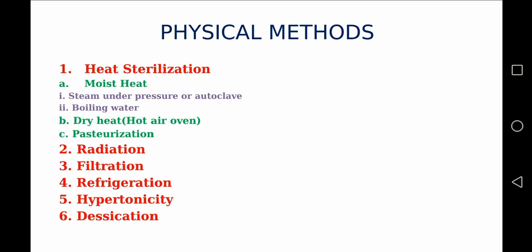Once the milk has been heated, it is then cooled very quickly to less than 3 degrees Celsius. Okay. Next one is radiation. All types of radiations are injurious to the microbes. That includes gamma rays and ultraviolet rays.